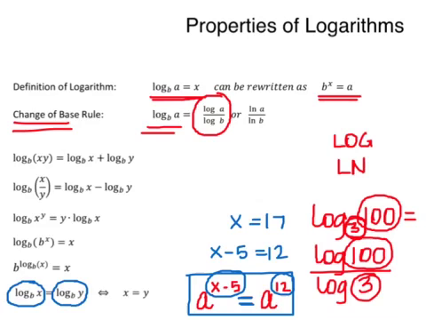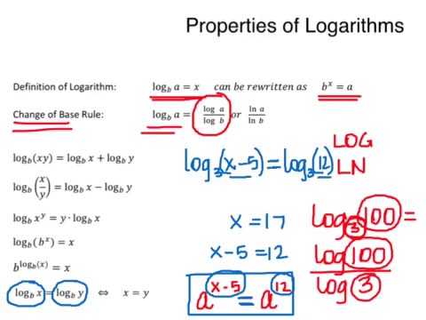So think about an example. If you have log base 3 of x minus 5 equaling log base 3 of 12, it would only make sense that they would be equal to one another if the x minus 5 and the 12 were the same.